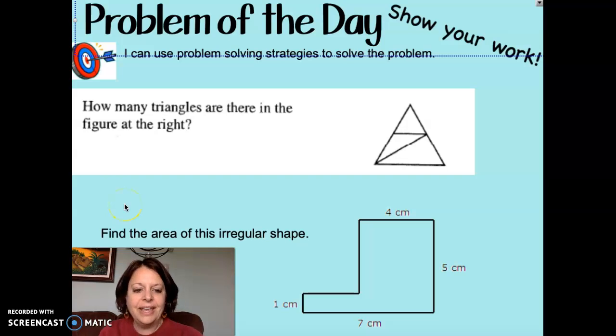I'm back, and I hope you took the time to figure out these problems. First, it says how many triangles are there in the figure at the right?